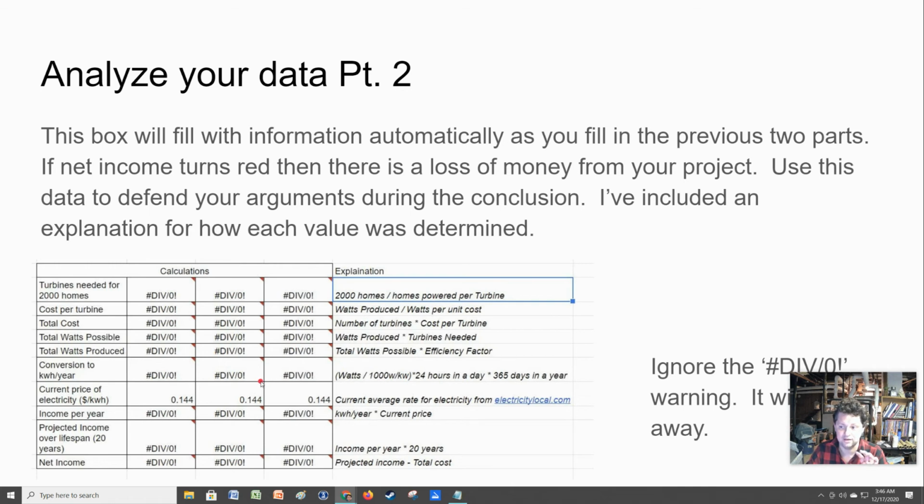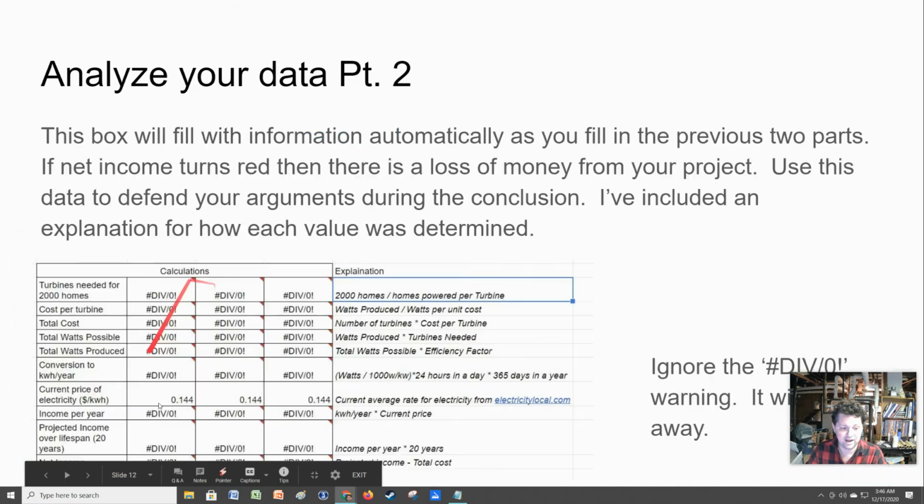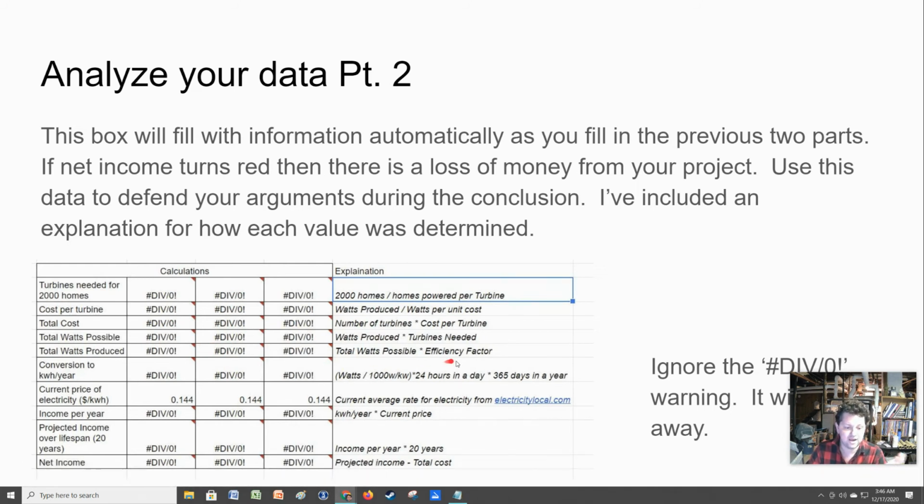So on the spreadsheet, you're going to see this box of calculations. And right here, you just see all these error messages. But once you put data into this turbine performance section, it's going to automatically fill in these values with numbers, and you'll be able to see things like how many watts of energy are possible in that machine. How does my efficiency affect the amount of energy produced?